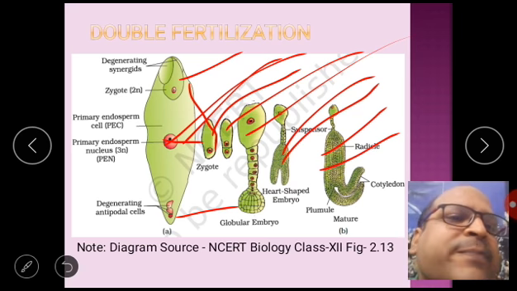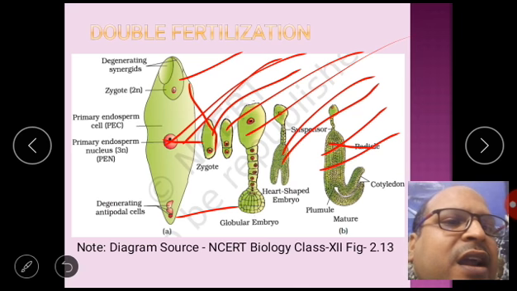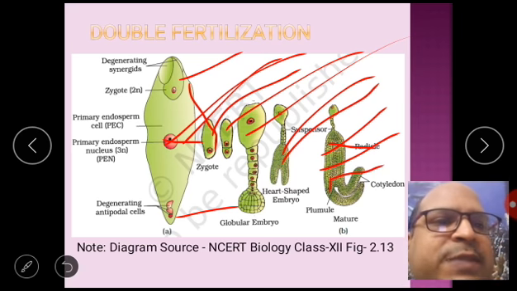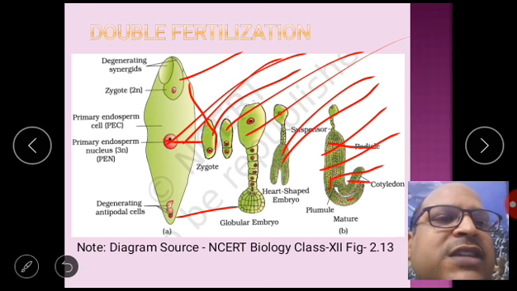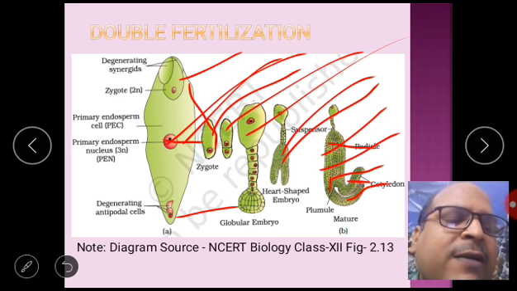Dear students, in this part you see this part will be the radicle and this side will be the plumule. So the radicle and plumule are the structures present in the embryo. Radicle produces the root and plumule produces the shoot. Now cotyledons, these leaf-like structures, are for providing nourishment to the developing plant.